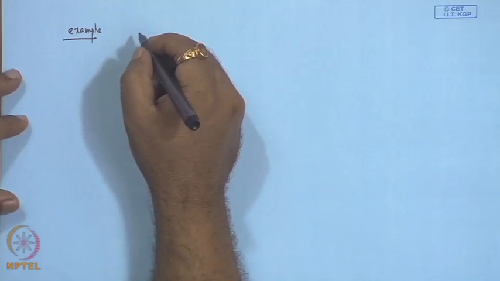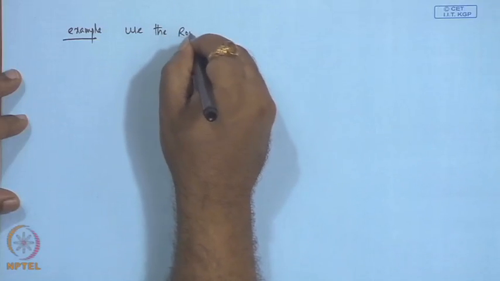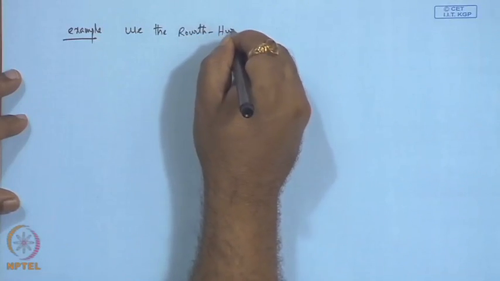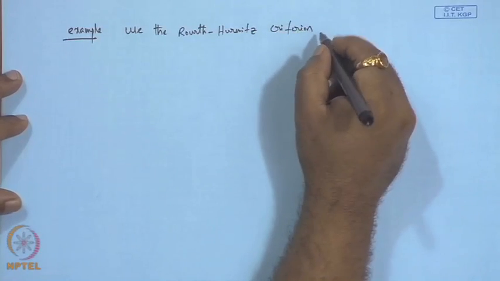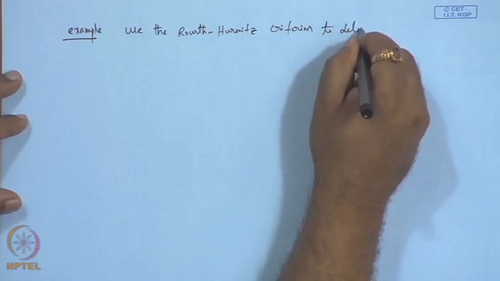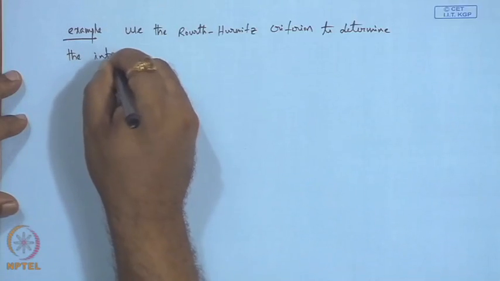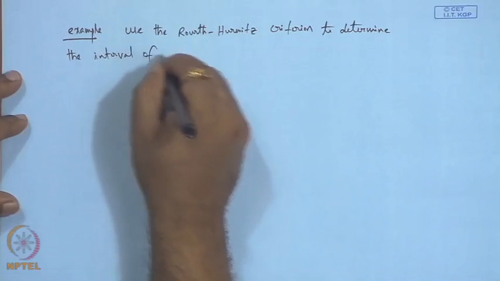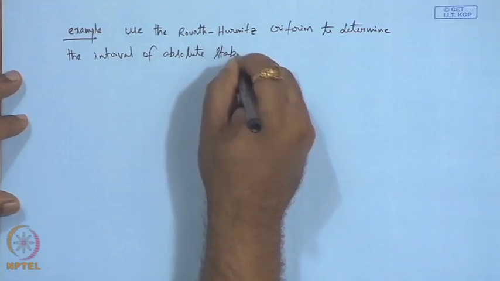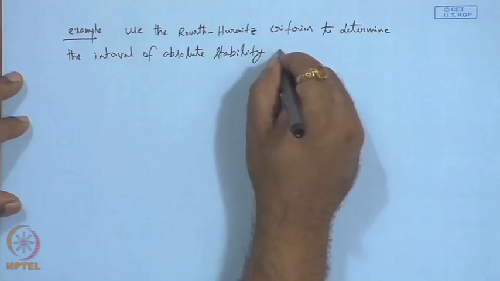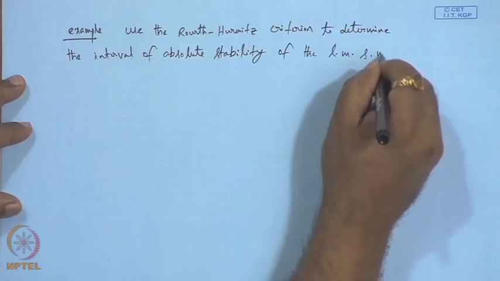Use the Routh-Hurwitz criterion to determine the interval of absolute stability of the linear multi-step method.